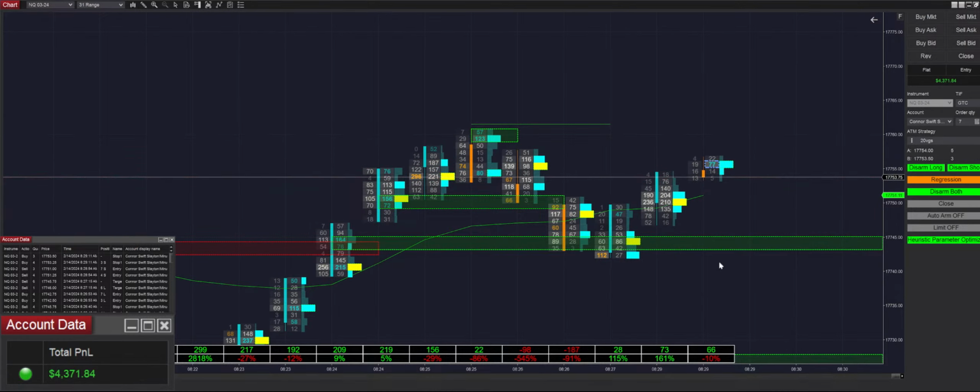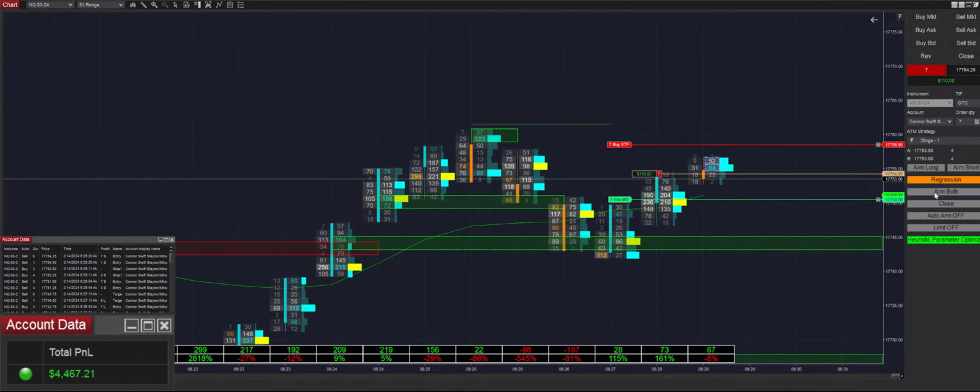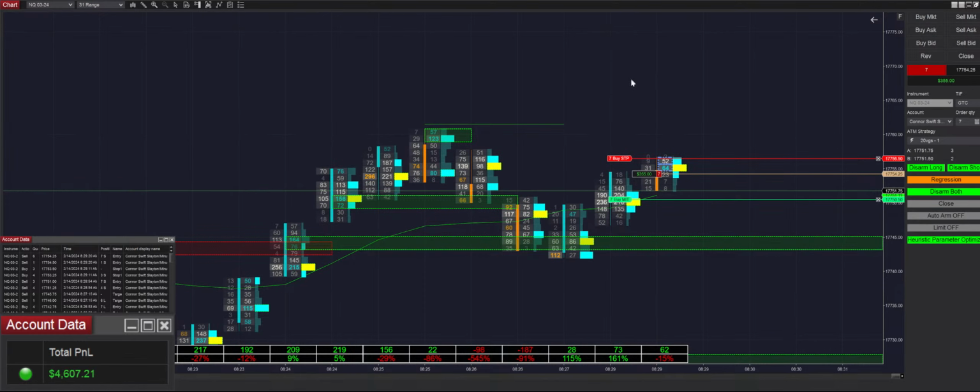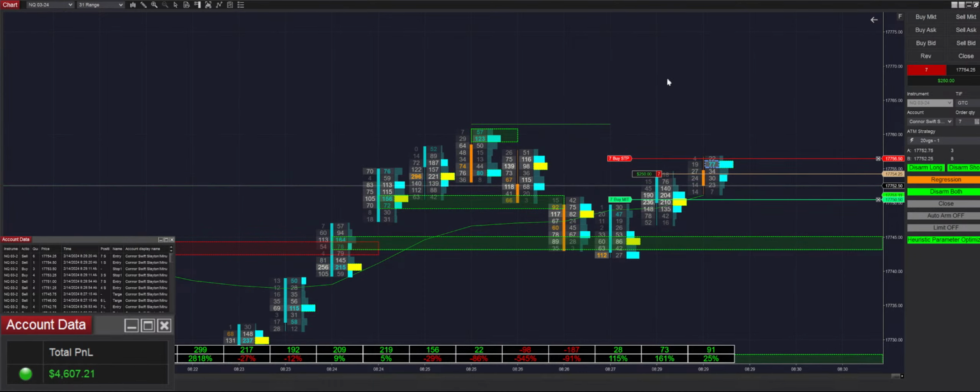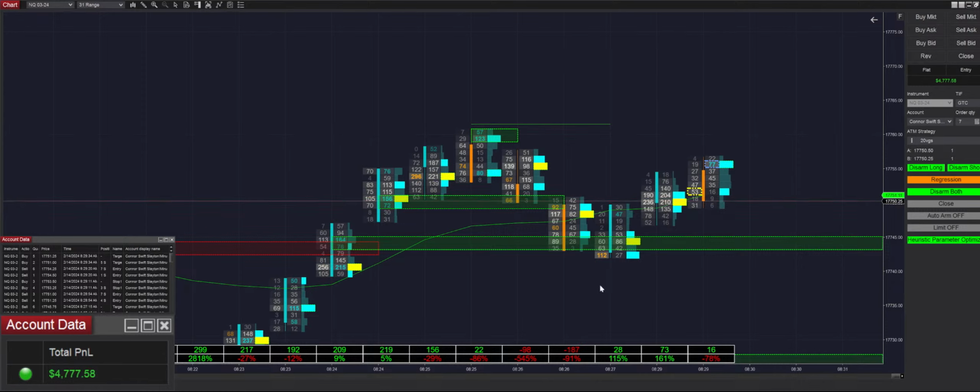But it's going to be NQH24, I believe. Or NQ0324. There we go. Ended up winning that trade, back up to 4,700. We're very close to our profit target of 5,000 on the day.